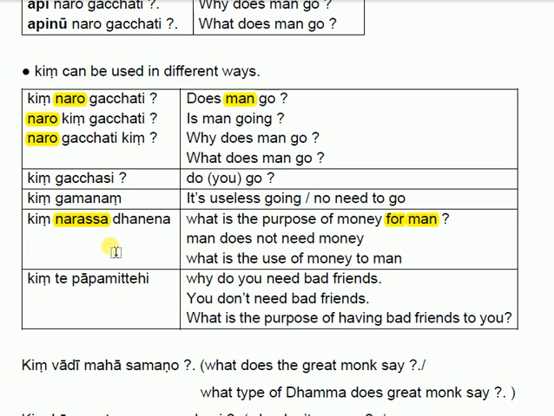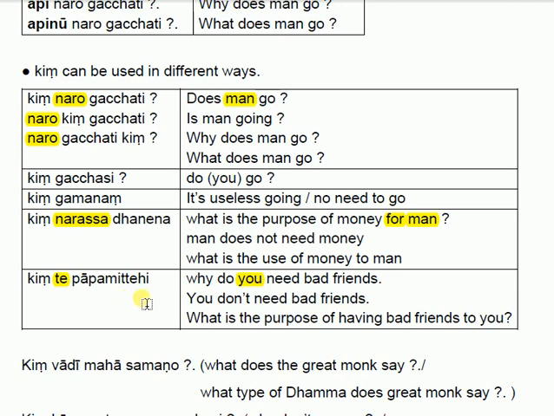And again, kim te pāpamittehi. Te means you. Pāpamitto means bad friend. So kim te pāpamittehi. Pāpamittehi is in the instrumental case, plural form.